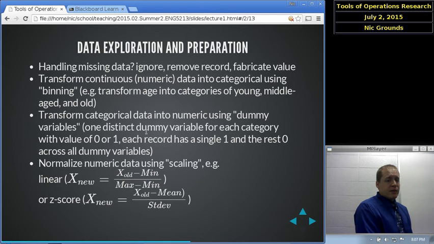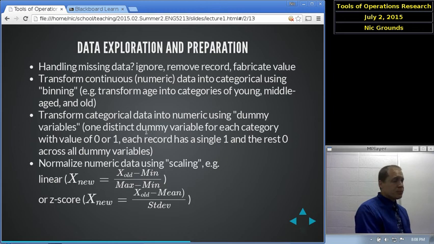Okay. Now we talked about the 2 types of data, categorical and numeric. And some data mining algorithms only work with one type of data or the other. Some data mining algorithms can work with both. But for algorithms that can only handle categorical data, for example, then we might have to find a way to convert or transform numeric data to be categorical.